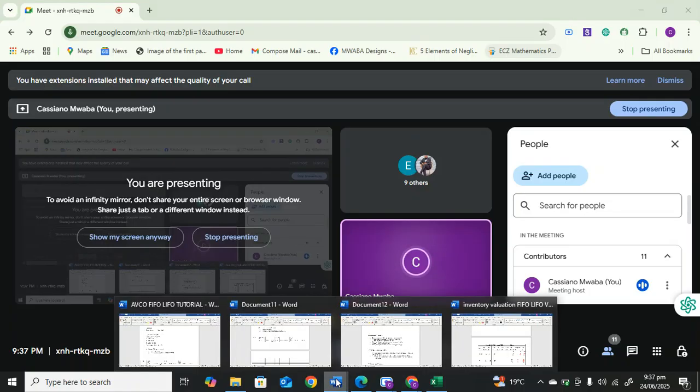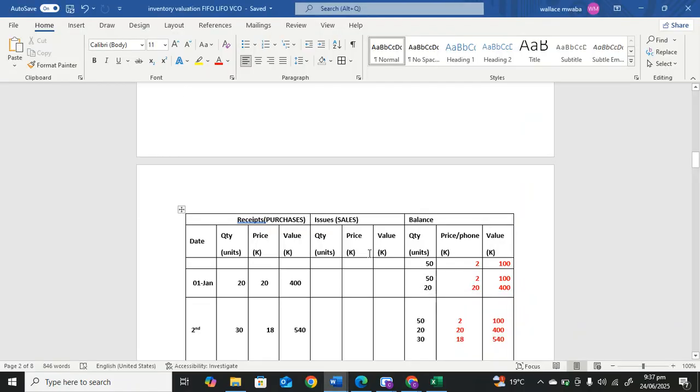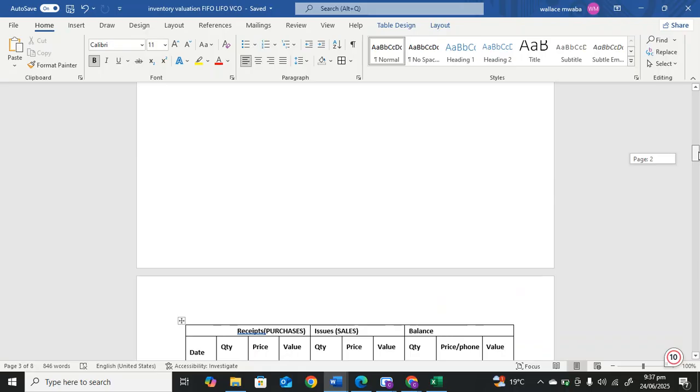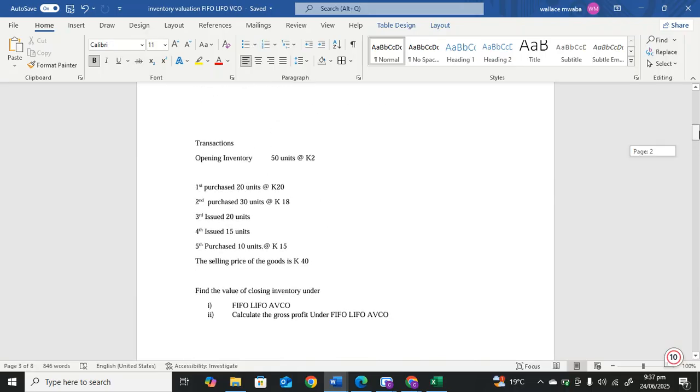Then, in terms of terms, as you're asking if they use different terms, sometimes for purchases, you see receipts. Other times, you see issues or you see sales. Those are the only interchangeable terms that can be used. Otherwise, the rest still stays the same. Because they won't bring it as simple as this in the exam.